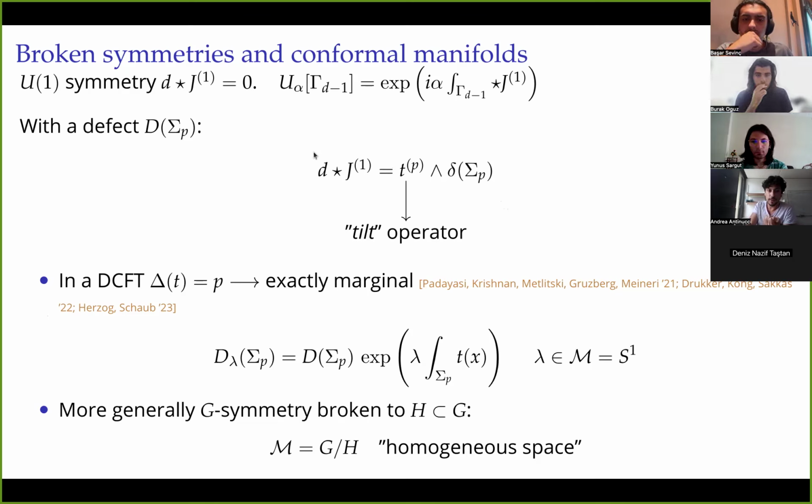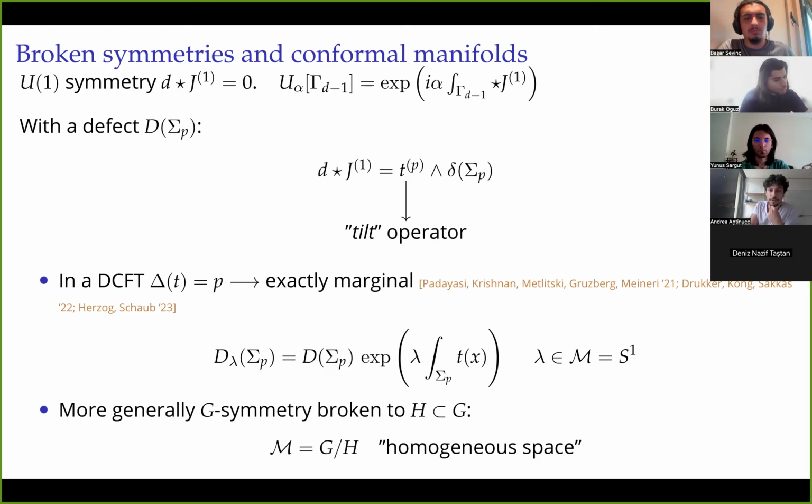But moreover, since this equation is an exact equation, you can argue, and you can also read these papers for a more detailed explanation, that this tilt operator is actually exactly marginal.